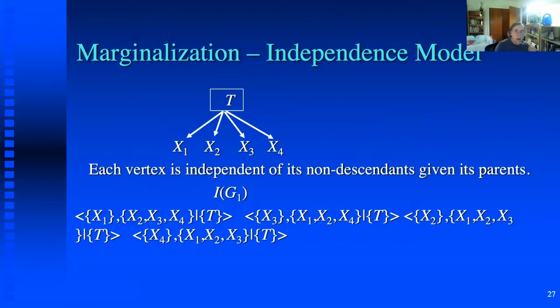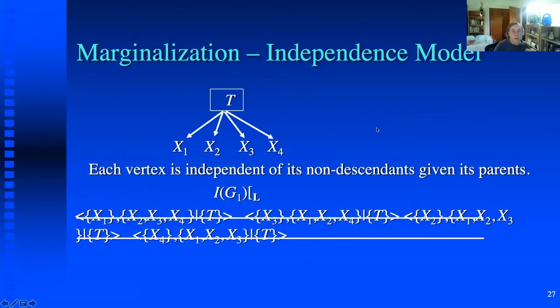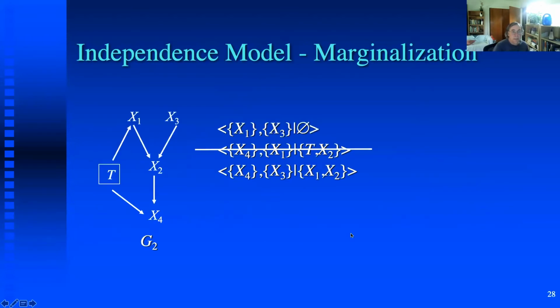Okay, so the marginalization model, if I start off with this original model, it's just empty. There aren't any. What this operation, this symbol here, means is that I'm marginalizing out the latent variable, and this is the independence model associated with G1, where I've marginalized out L. And that is what I would get, which is just that there aren't any constraints.